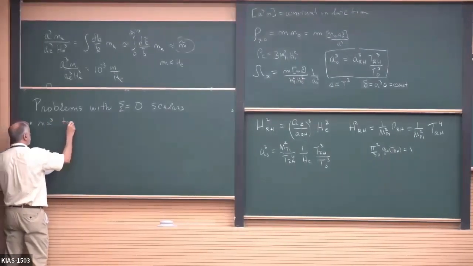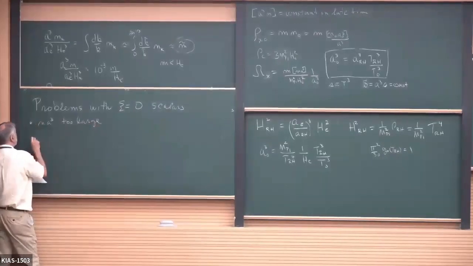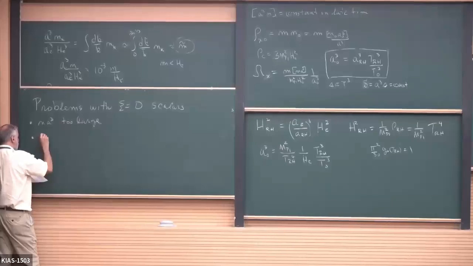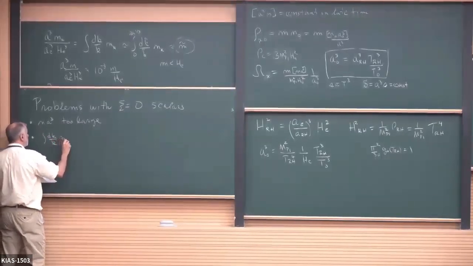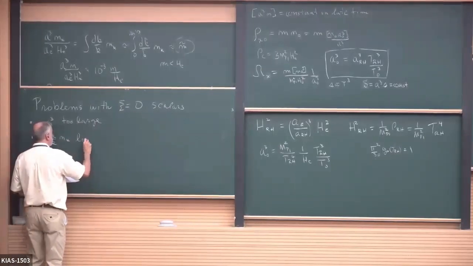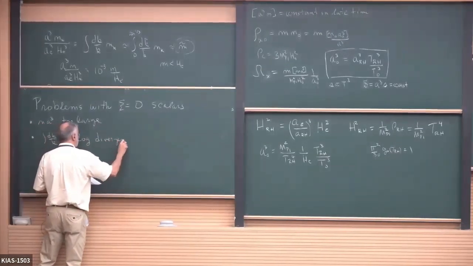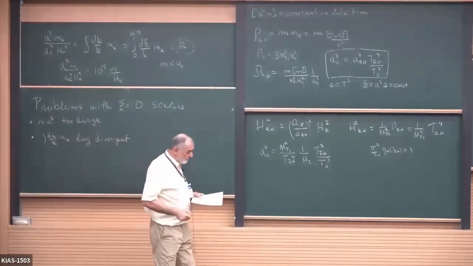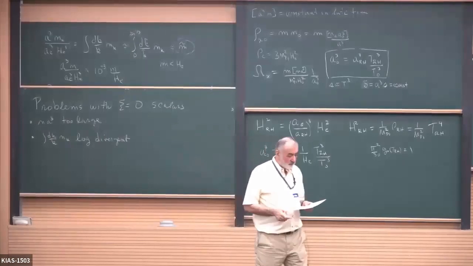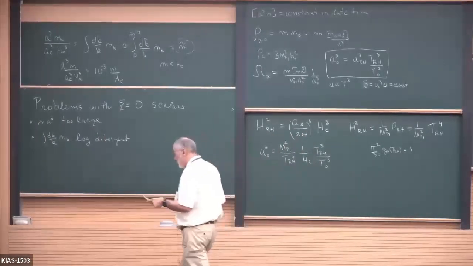NA cubed is too large. The second problem is that when you integrate, the spectrum is constant for small k, so it is log divergent, and you have to introduce a cutoff.